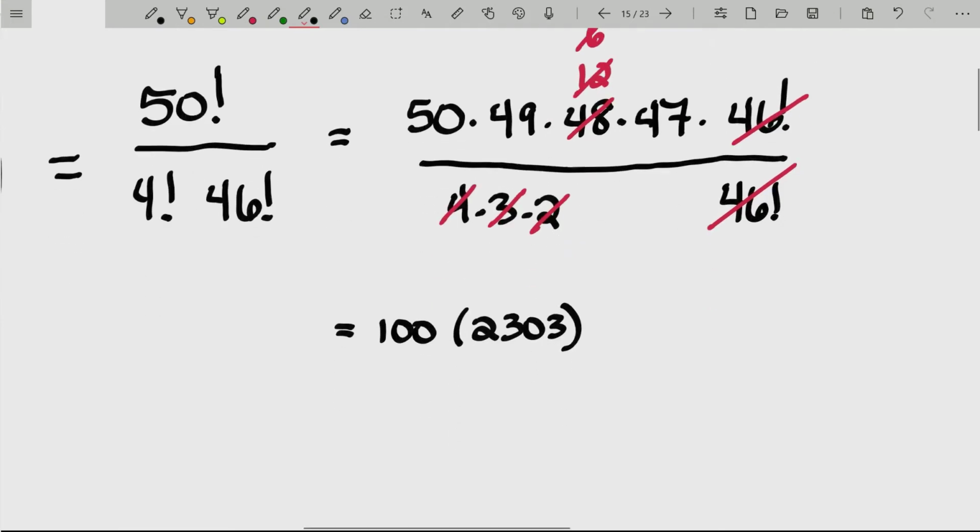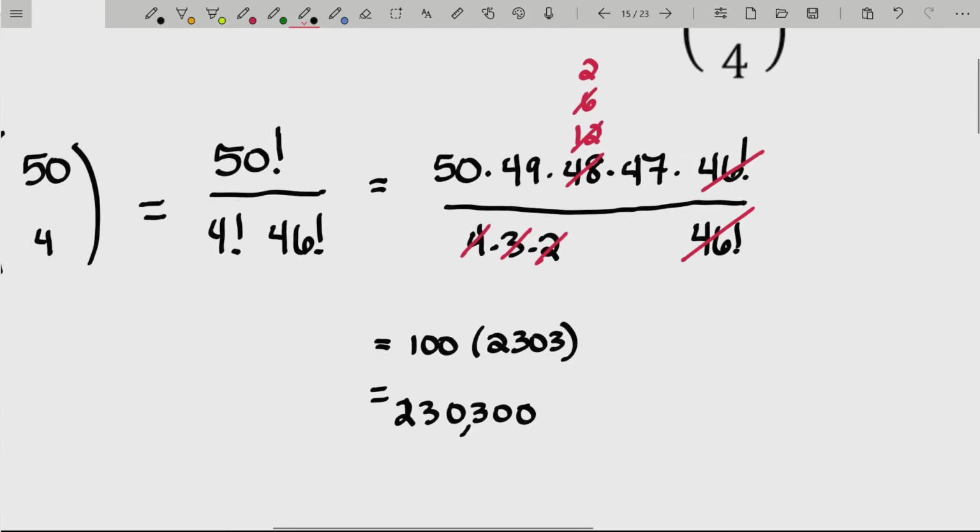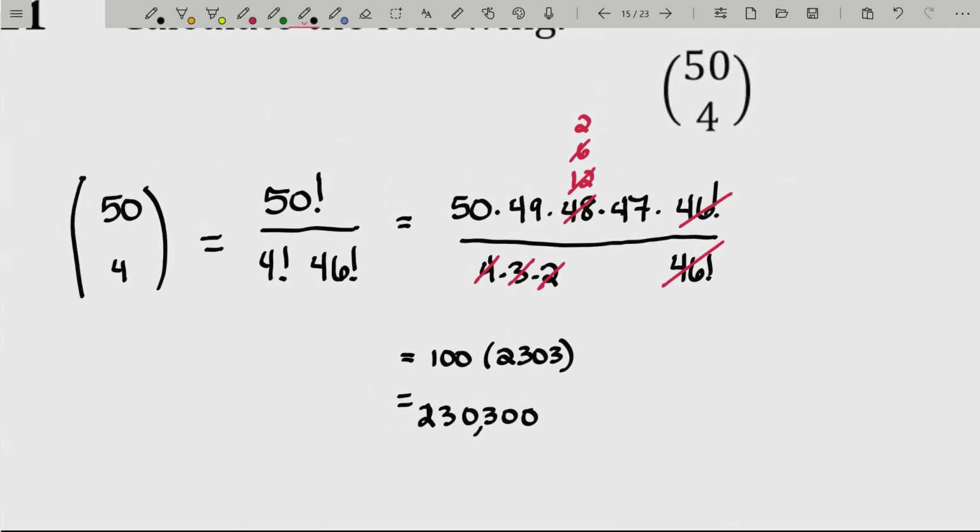And you multiply those two together, and you get 2303 with a couple zeros at the end, 230,300. So there are over 230,000 choices or ways to choose 4 ducks out of the 50. There you go.